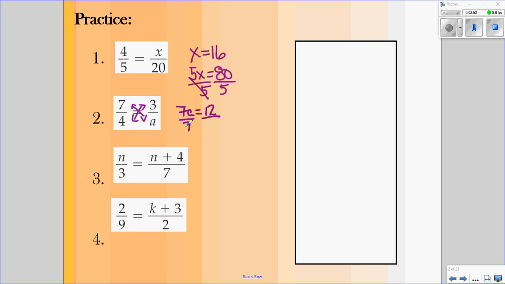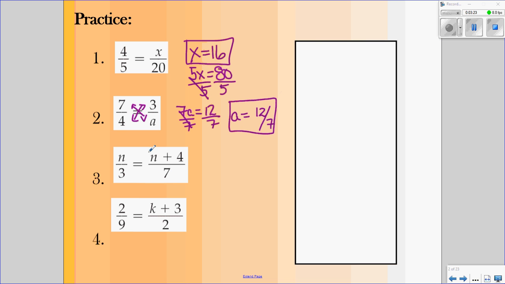You divide 7 on both sides, and then your a will equal a fraction. Oops, let's try that again. 12 divided by 7 will give you 1.714, but you could just leave it as a fraction. Or you can turn it into a mixed number, whichever works. So let me box this one.